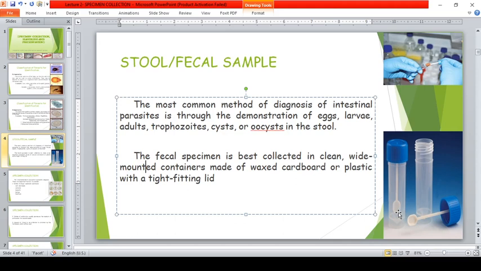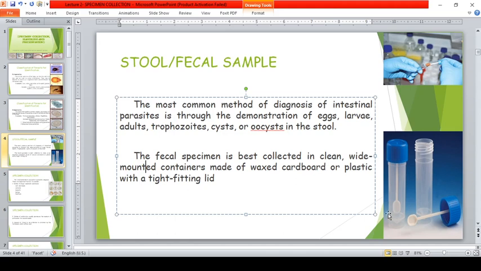Okay? So, in reality, guys, if you work in the laboratory, you will encounter a lot of situations related to stool samples that are submitted in a very large container. Ilalagay nila yan sa mayonnaise, yung bote ng mayonnaise, yung buong tae nila ilalagay nila doon.